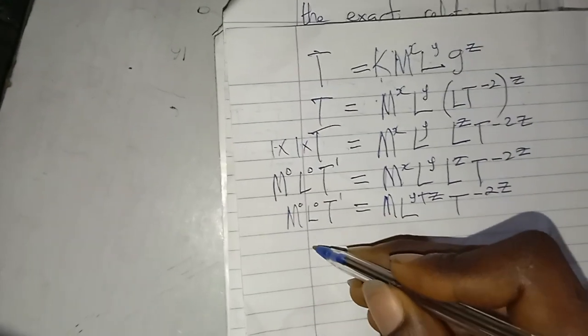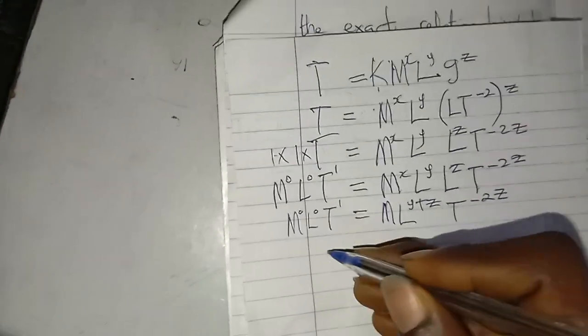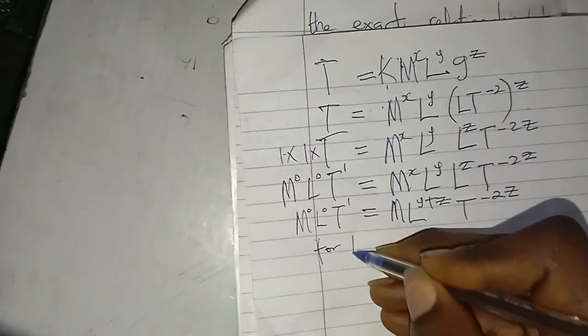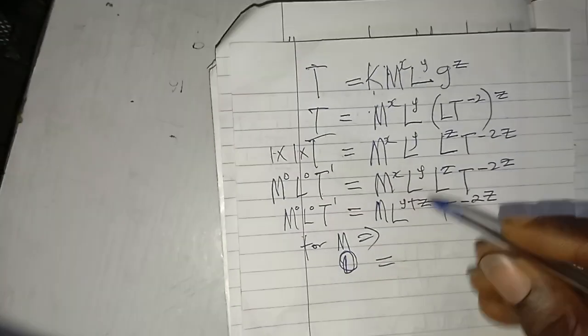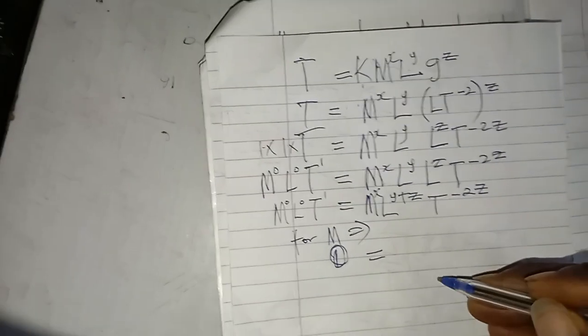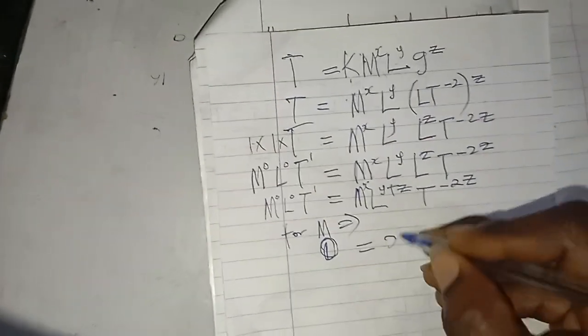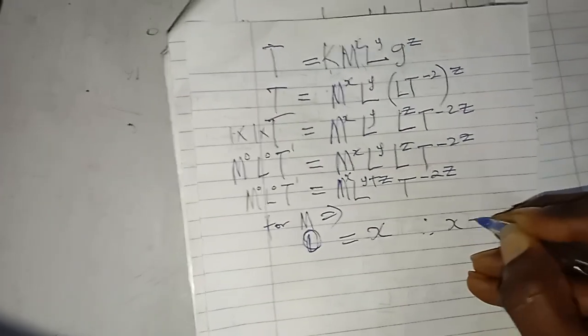So that is the ninth rule of indices, equating bases, that when the bases are the same, the powers are equal. So for m, I will now have that m on the left hand side is having power of 0, and on the right hand side, this is the same thing as saying mx, is having x, so equals to x. Therefore x is equals to 0.